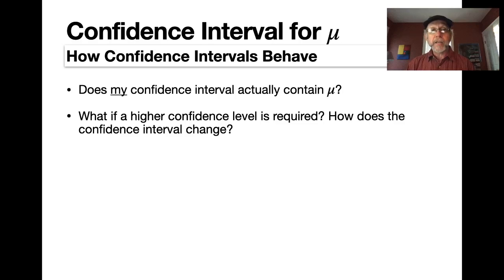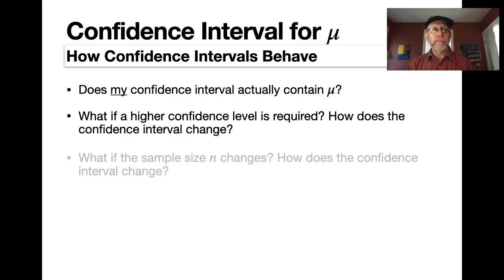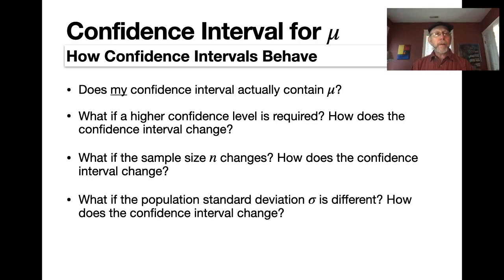How does that change the confidence interval? What if the sample size changes? How does that change the confidence interval? And what about the population standard deviation sigma? How does the confidence interval depend on that? We'll discuss all these questions in the upcoming few minutes.